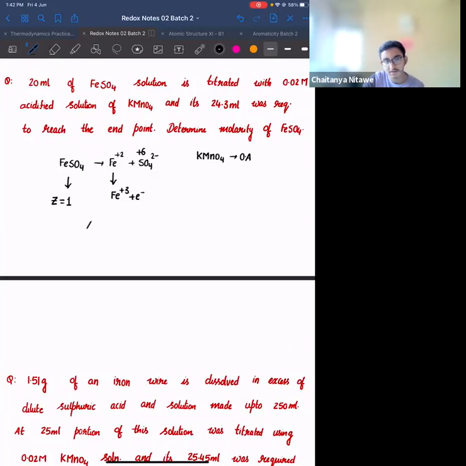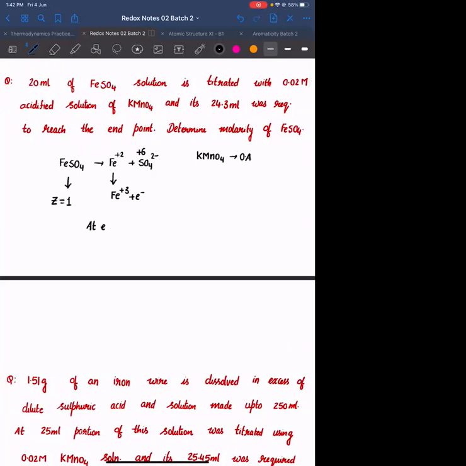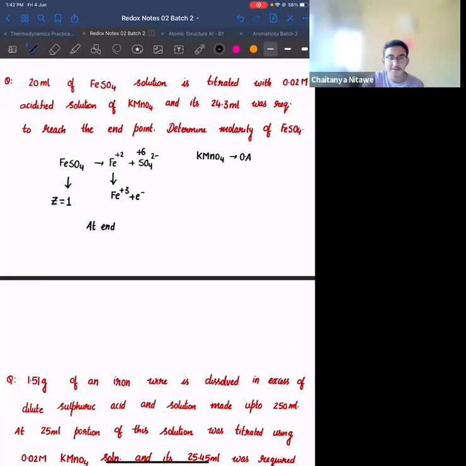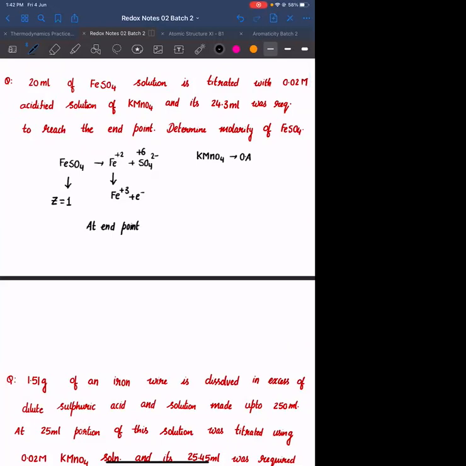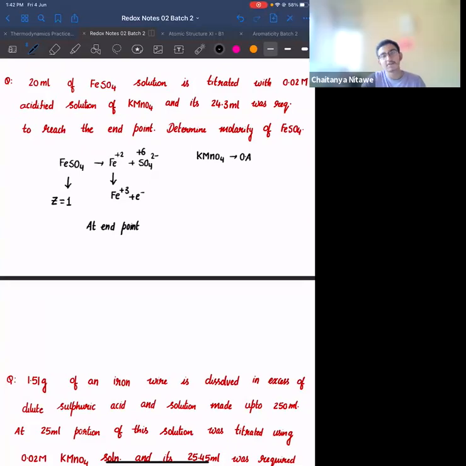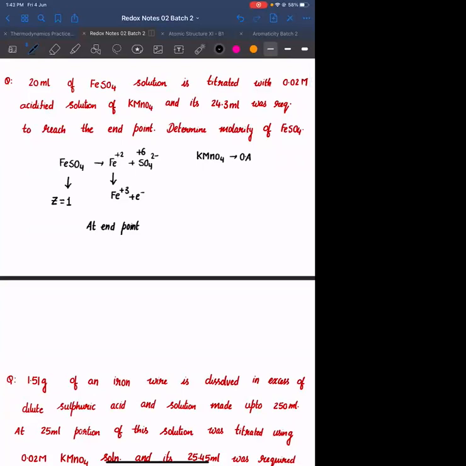Sir, we had seen that the Z factor of FeSO4 is the overall charge, when it is acting like a salt. Here, redox is happening, right? Yes sir. Okay, this is a reducing agent. It is getting oxidized. This is the reducing agent.